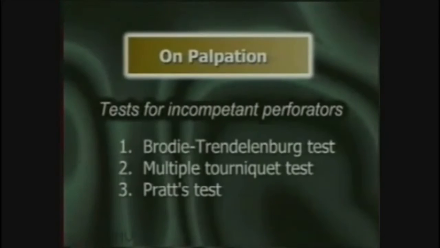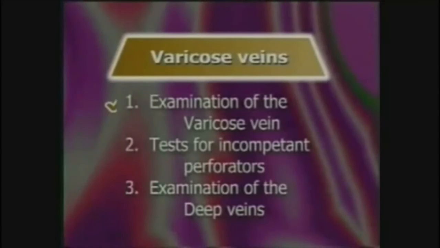Then we performed the special tests for incompetent perforators, that is Brody-Trendelenburg test, multiple tourniquet test, and the Pratt's test. Thus, we have completed the examination of the varicose veins and the tests for incompetent perforators.